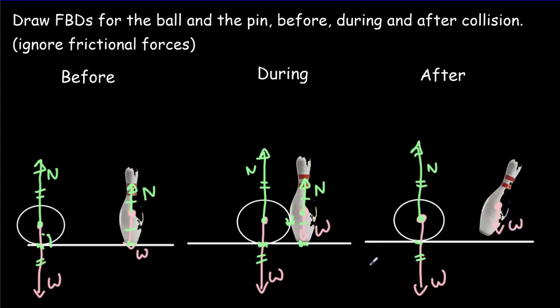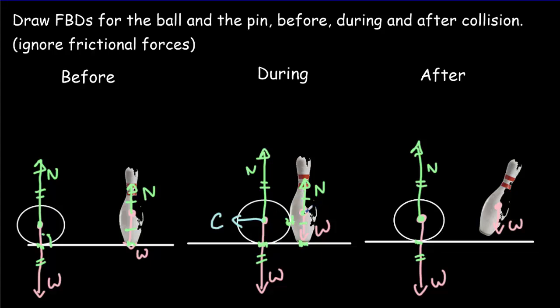Now we're not quite done because we didn't involve that force between the pin and the ball when they're temporarily in contact. When they're temporarily in contact, the pin pushes back on the ball. I'll label that C as a contact force, but it's still kind of a normal force. It'll be normal to the surface of the pin.